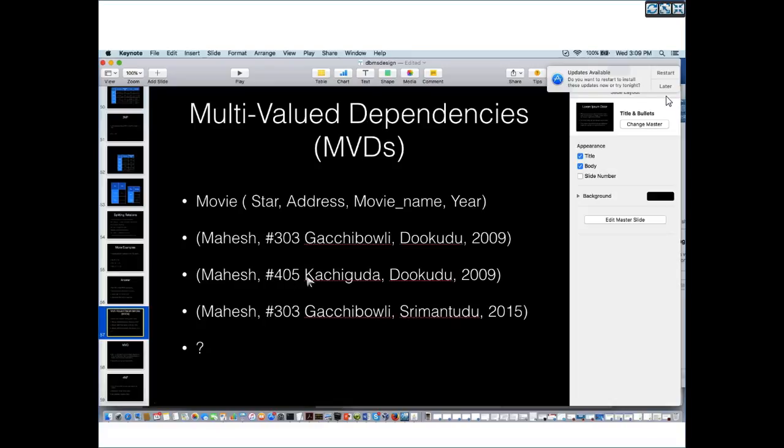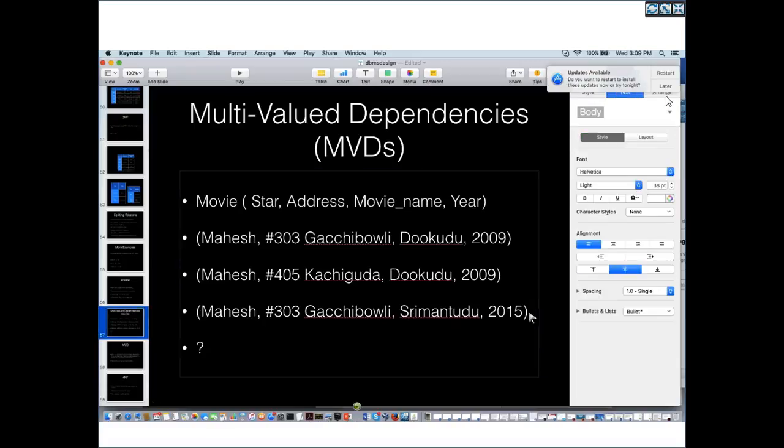Now I have to repeat this for the other address of Mahesh, 405 Kachiguda. You also have to add another movie here, and automatically for this star this also will come, because he has two addresses. This is a multi-value dependency.